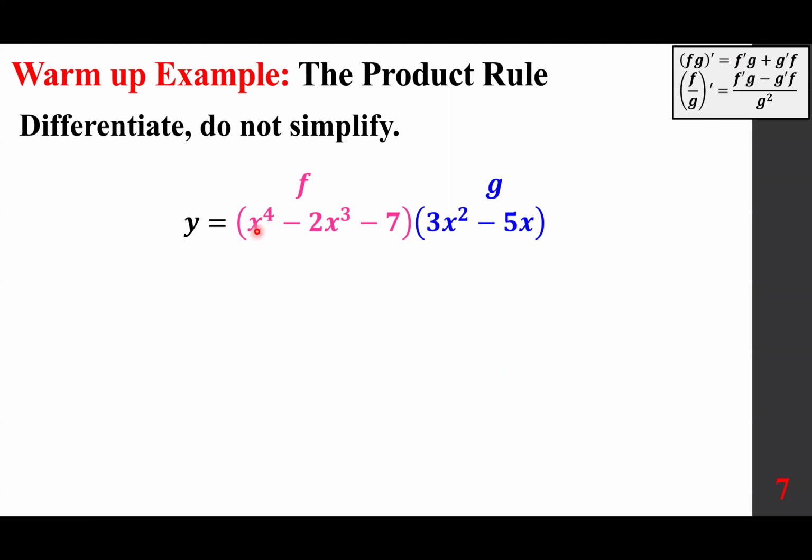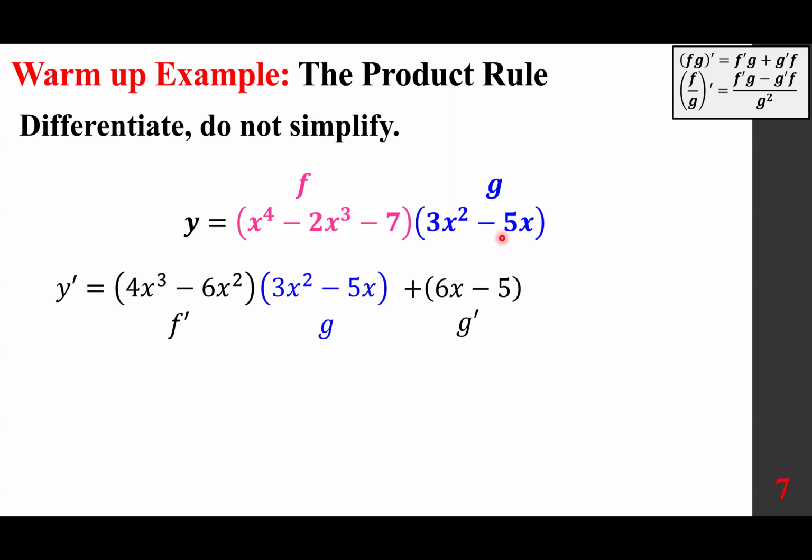That means 4x cubed minus 6x squared times g, just the blue function, 3x squared minus 5x, plus g prime, 6x minus 5, times f, the red function, x to the power of 4 minus 2x cubed minus 7. And please understand, this is the reason I said actually don't simplify.